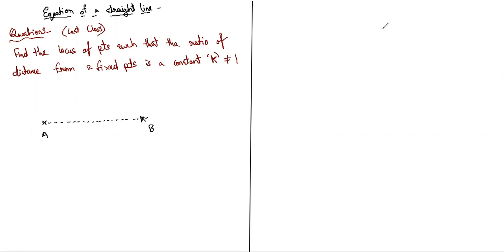Now, to begin with, what happens when k is equal to 1? So how do you solve any locus problem? Do you remember the methodology we use to solve any locus problem?